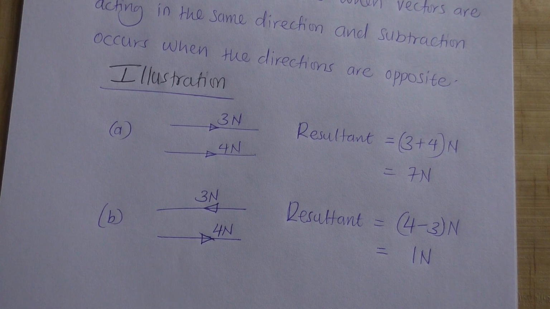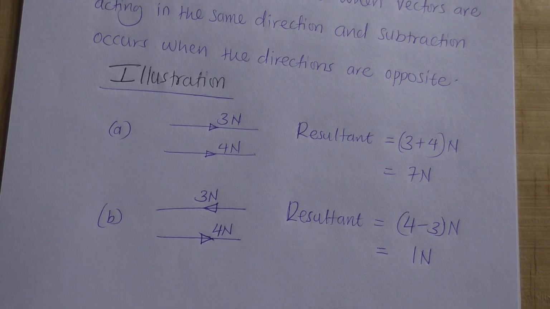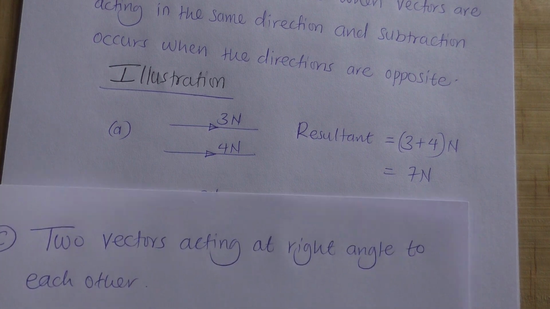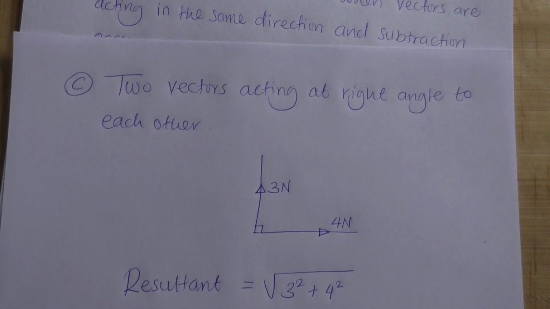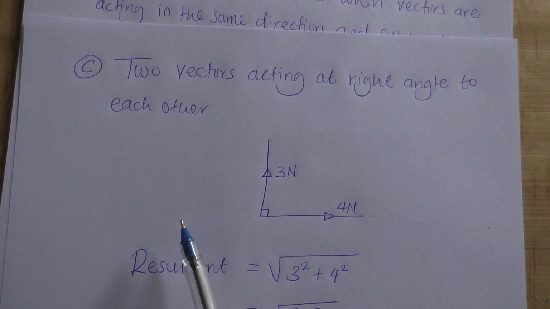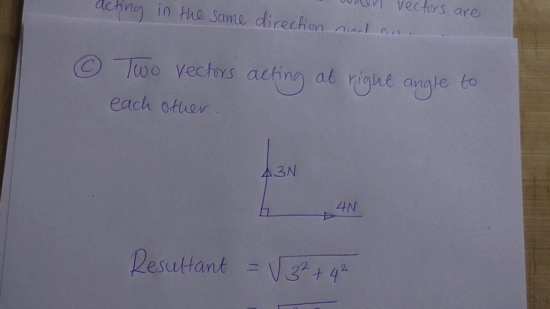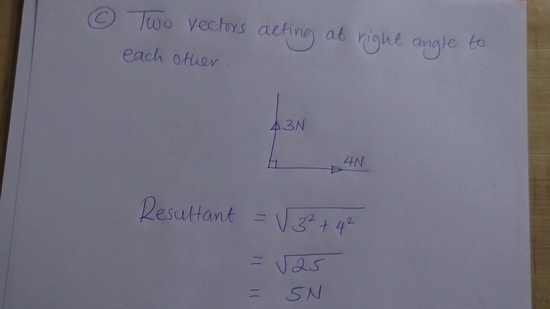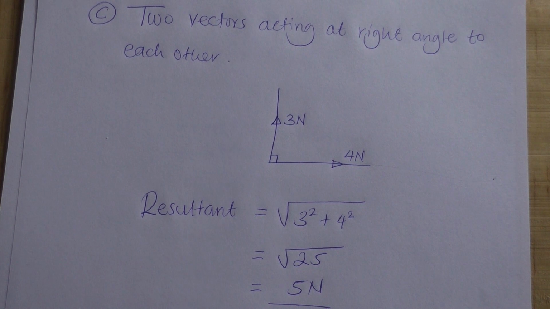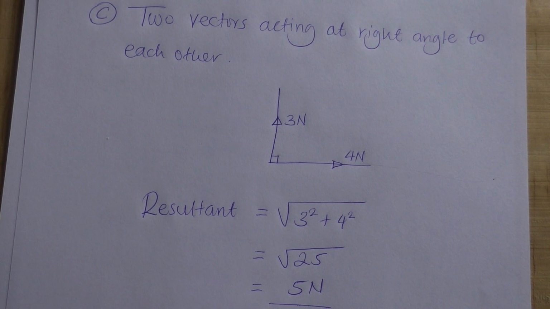Then we have another case where the two forces act on the same object but at right angles. So, for two vectors acting at right angles to each other, the resultant is obtained with the help of the Pythagoras Theorem.